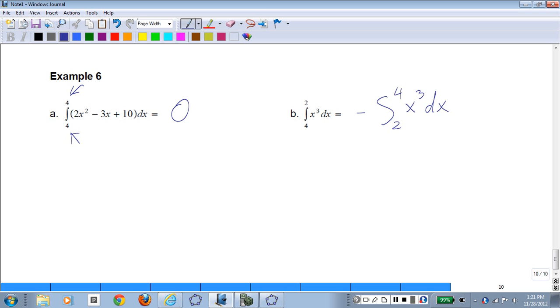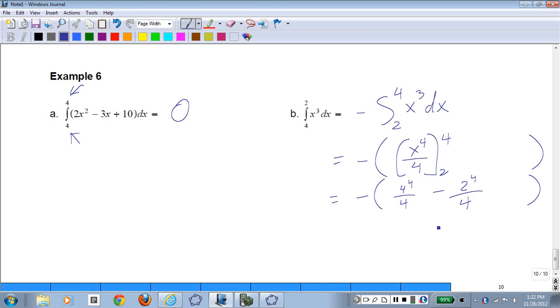X to the fourth over 4. We're going from 2 to 4. I'm going to try to remember to multiply by that negative sign. So it's going to be the negative of 4 to the fourth over 4 minus 2 to the fourth over 4.